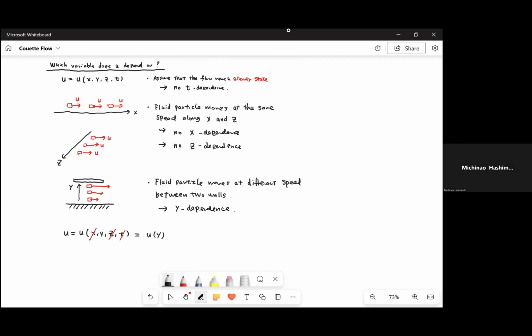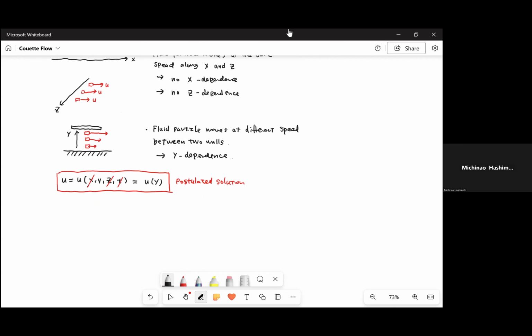At this point we don't know the solution, but this u equals u of y is really the postulated solution. In addition to this, we have two more postulates, which are v equals 0 and w equals 0.